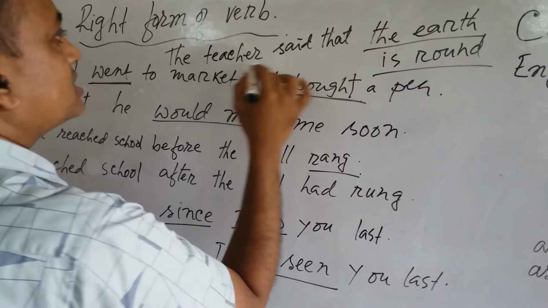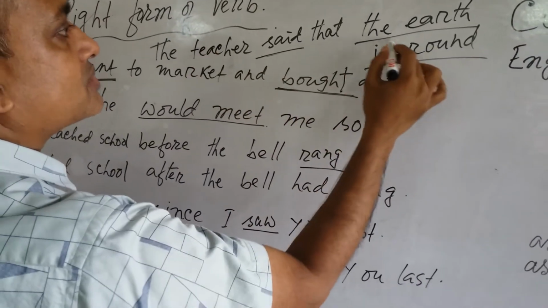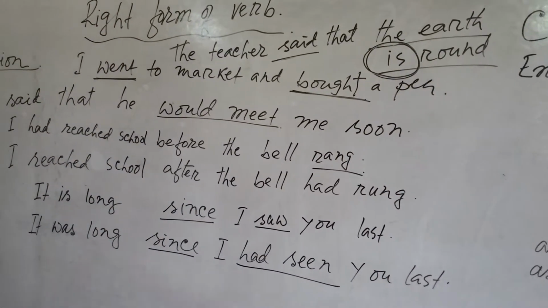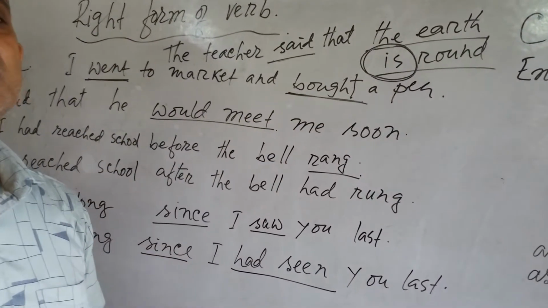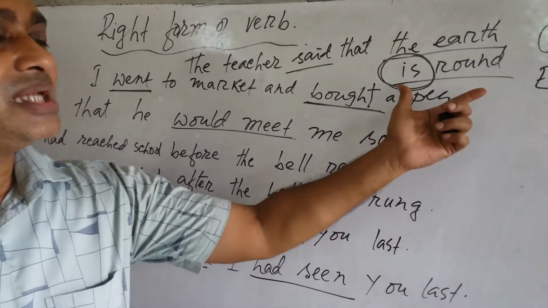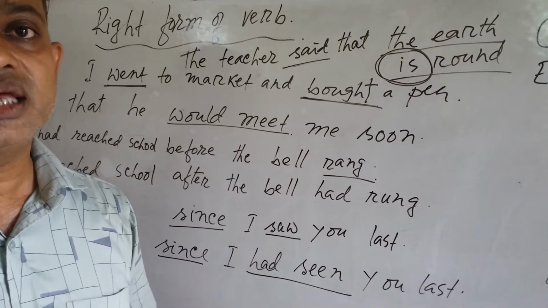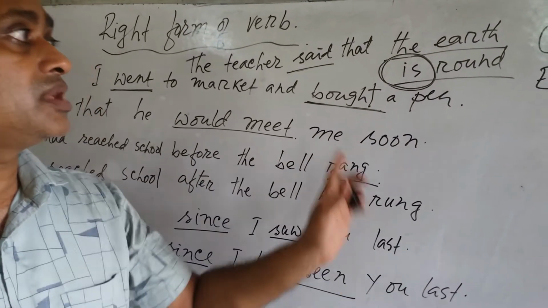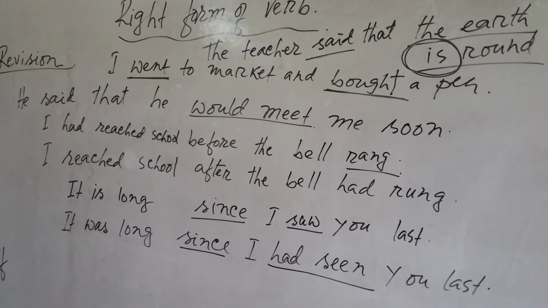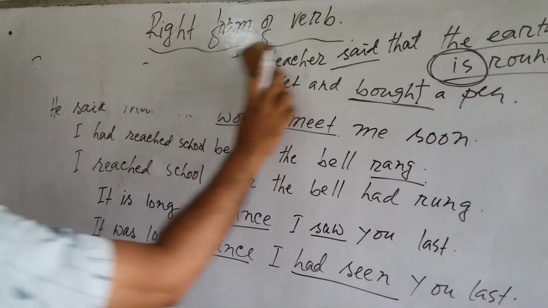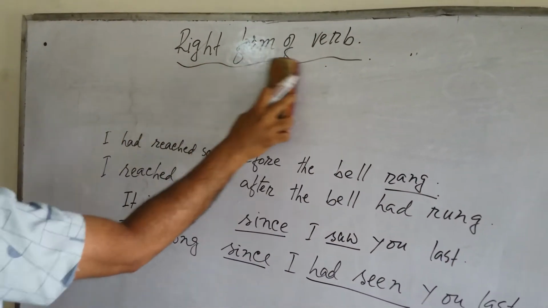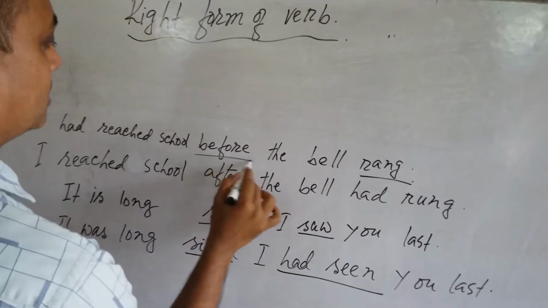That's why, in spite of the past form of the verb say, we have used a present here, is, because the rest of the part of the sentence, the remaining clause, is a universal truth. That's why we have not used any past here. Then we will learn how to use verbs in a complex sentence where the conjunctions are before or after.